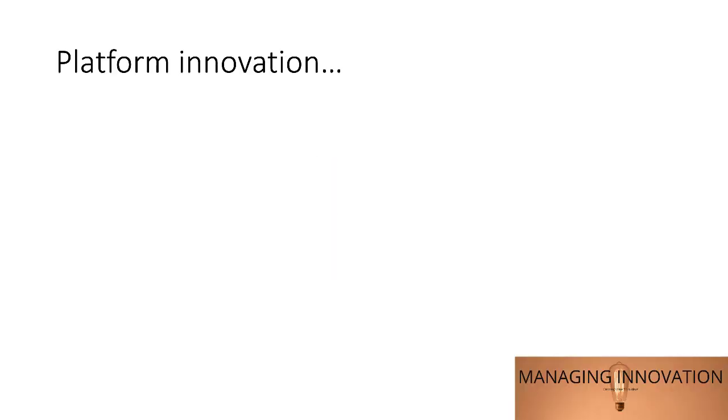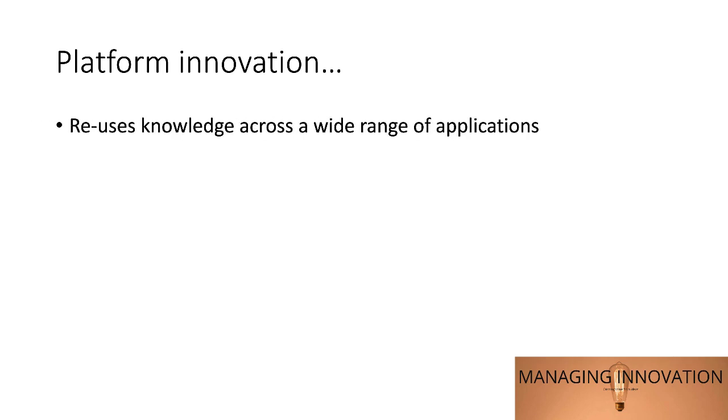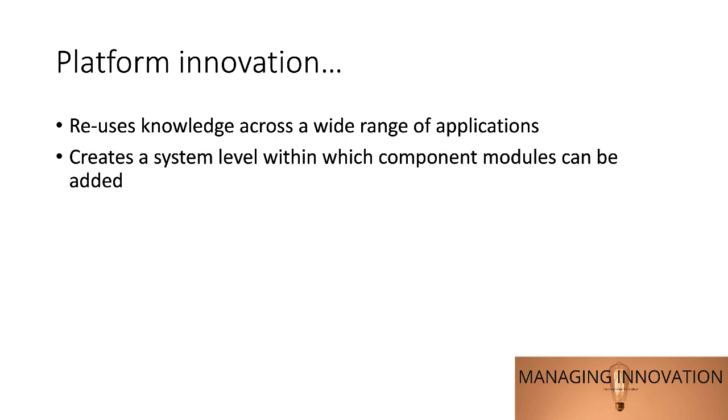So, platform innovation is a very important concept, and it has strong links to this idea of system-level thinking. Particularly, platform innovation reuses knowledge across many different applications. It creates a system level within which we can continue to add component modules linked into the core architecture.